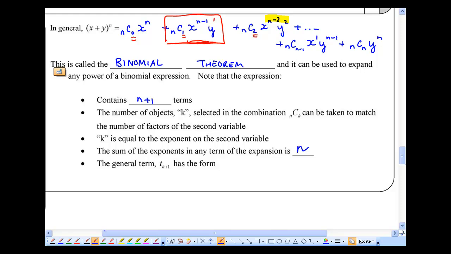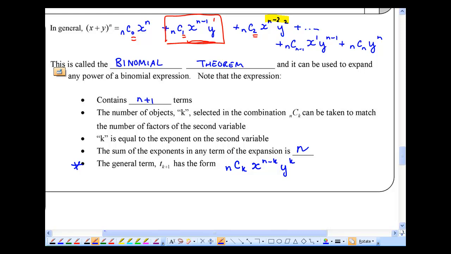Now, this next part, star it, because we'll use it. The general term, which I call t sub k plus 1, has what type of form? Okay, so if I just wanted one particular term, what form is it? Well, it's of this form: n choose k, x to the power of n minus k, y to the k.